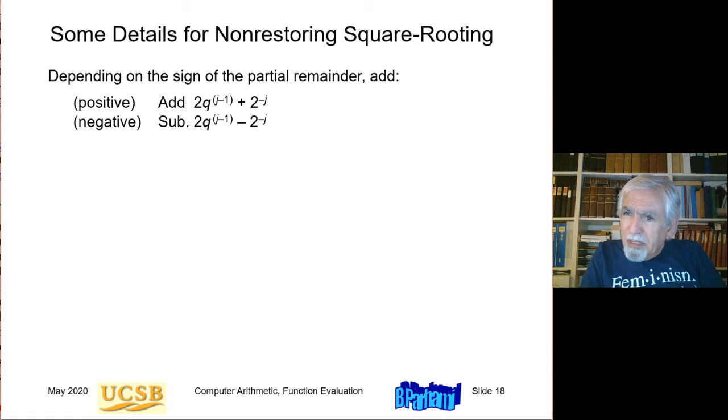Okay, so depending on the sign of the partial remainder, we add one of these two values. Subtract or add. We subtract in case the partial remainder was positive. We add if it's negative.